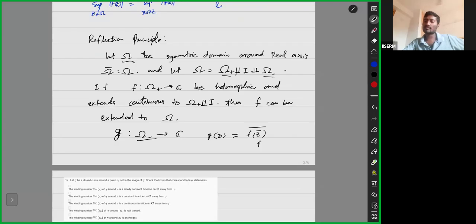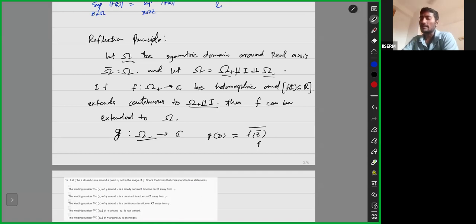And these two functions, oh, one more hypothesis here: f extends continuously to here. And one more hypothesis: those which are real numbers inside the domain, they are real. F of I is contained in R. I is the intersection of omega with the real axis, so I is a subset of real numbers.